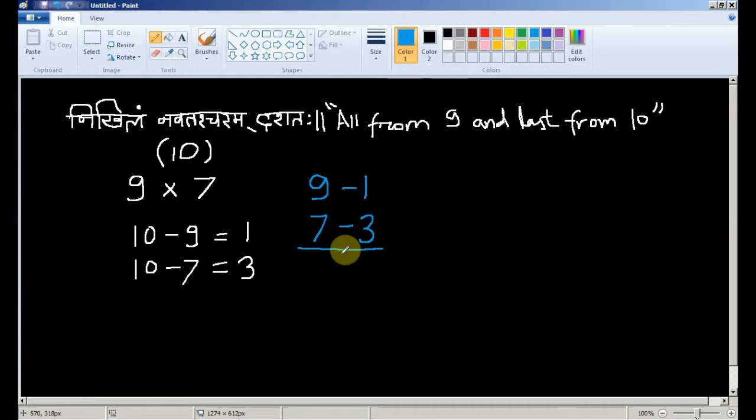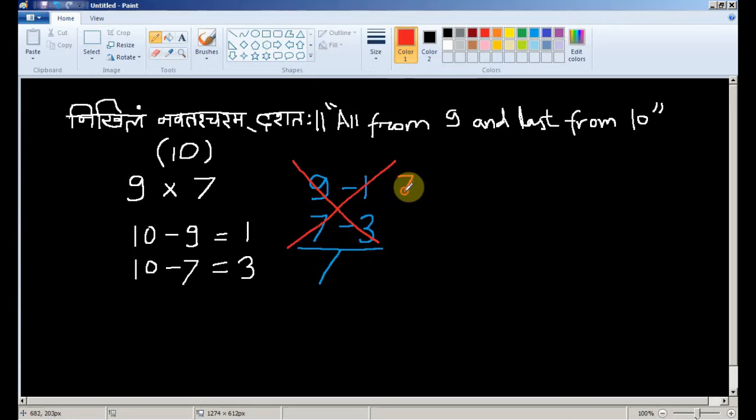Now the solution is divided into two parts, 1 and 2. So we have to find the first digit. If you want to find the first digit, either subtract this way or subtract that way.